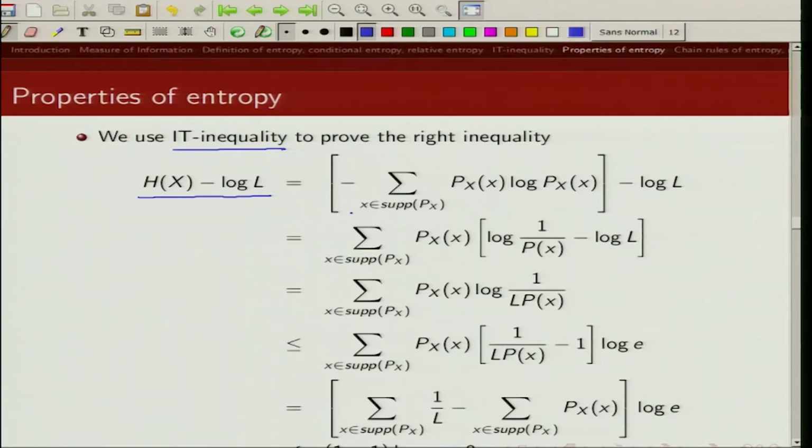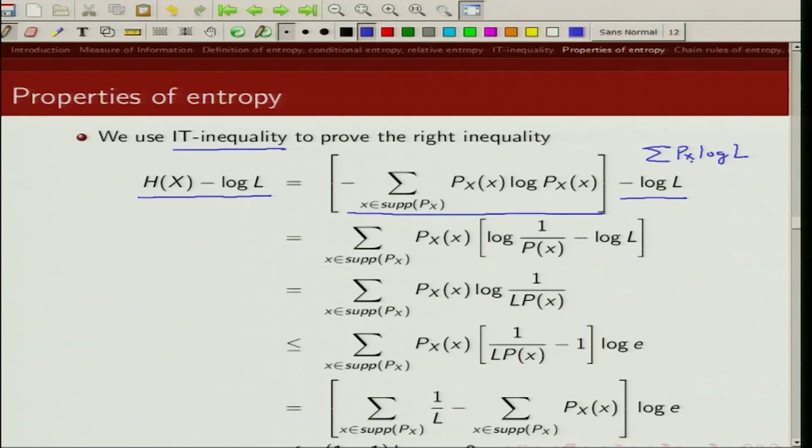So first thing I did was, from the definition of entropy, I wrote down the expression for entropy. So this is minus summation over support set of p(x), p(x) log of p(x), and the second term is minus log of L. I write it like this. Now minus log of L can be written as minus summation over p of x log of L, because summation of p of x should add up to 1.